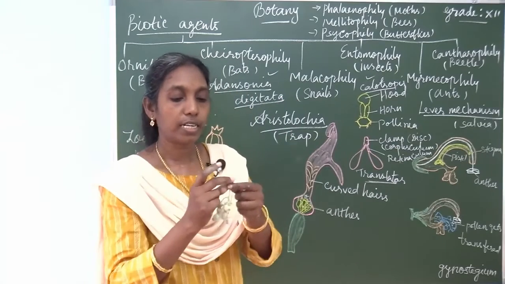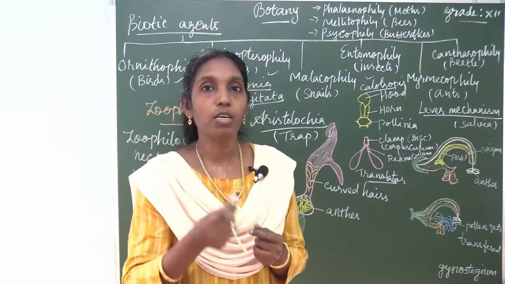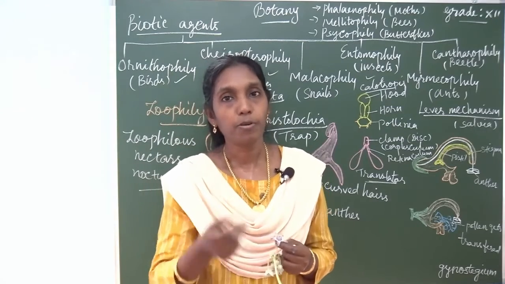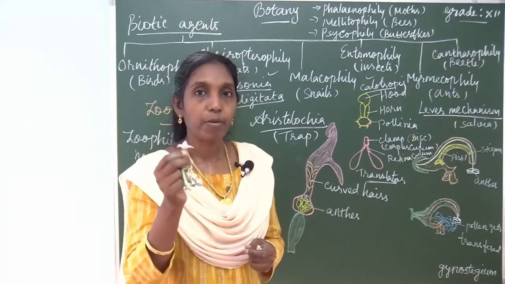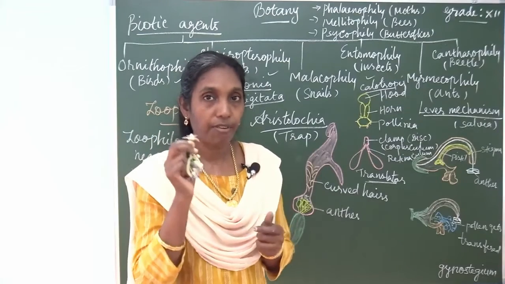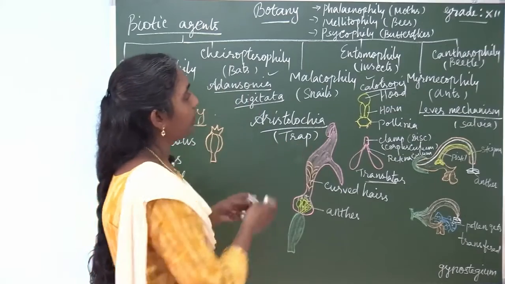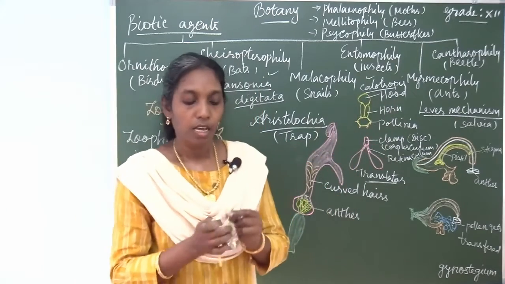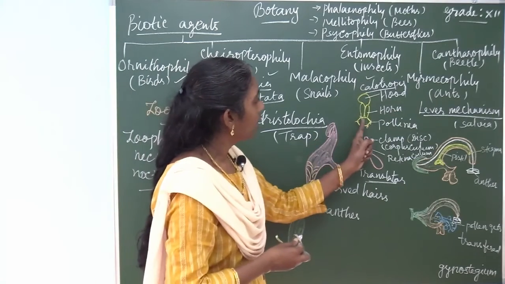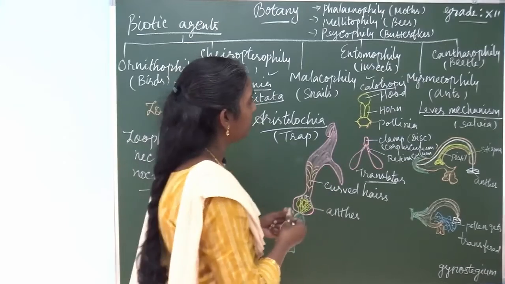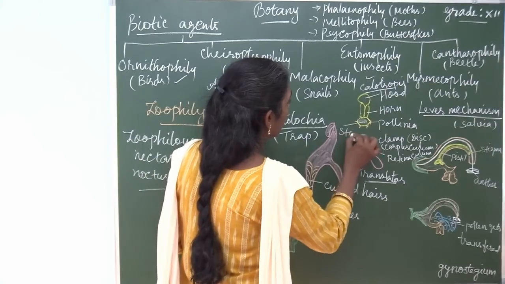This flower belongs to Asclepiadaceae, or Apocynaceae based on the recent classification. So this is the Asclepiadaceae family, and the name of this flower is Calotropis. Here is the stigma, this region is the stigmatic region, stigma.